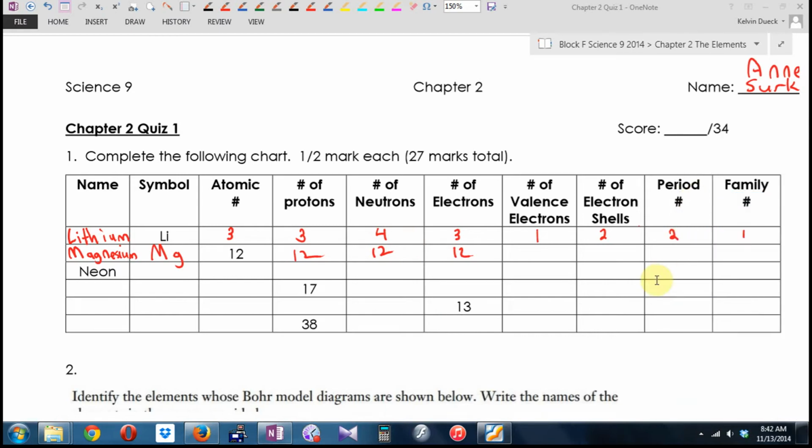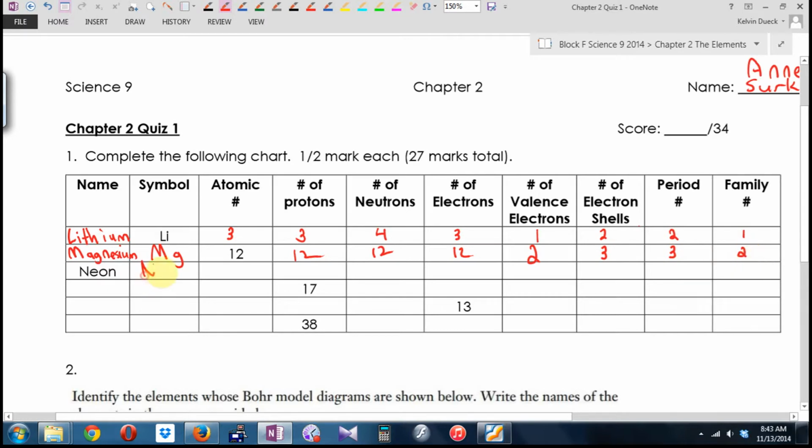So I think 2, counting over from the left. Yes? No? Yeah? How many electron shells? What row is magnesium? I think 3. So it's in period 3, family 2.